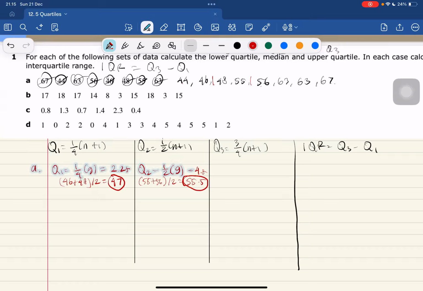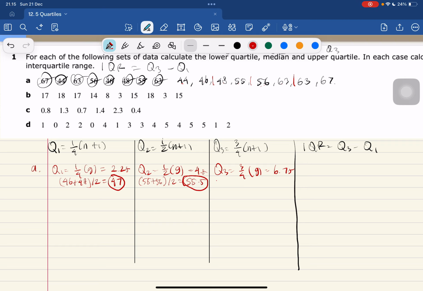Next, the upper quartile, Q3. So 3 over 4 times 9. This is 2.25, so 2.25 times 3 is 6.75. So 1, 2, 3, 4, 5, 6, here.